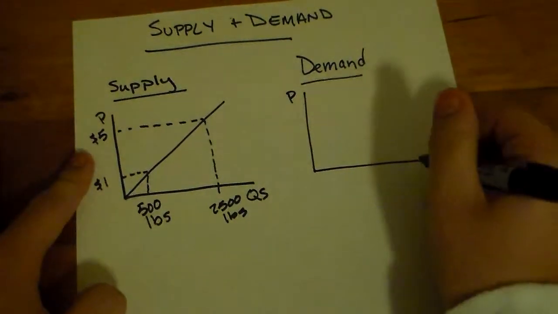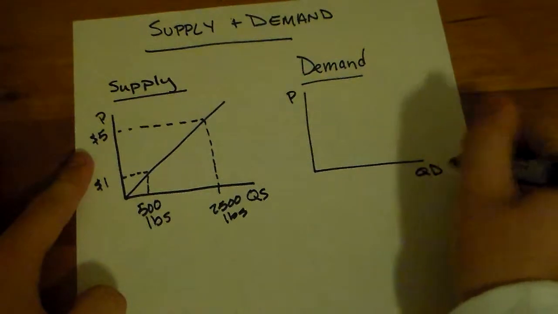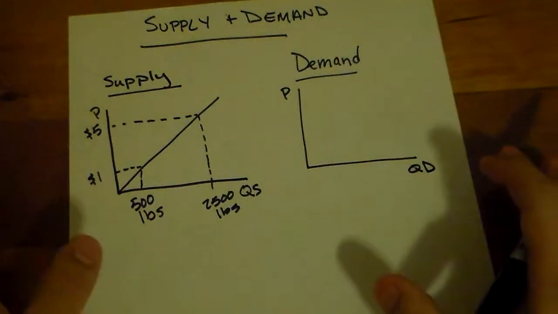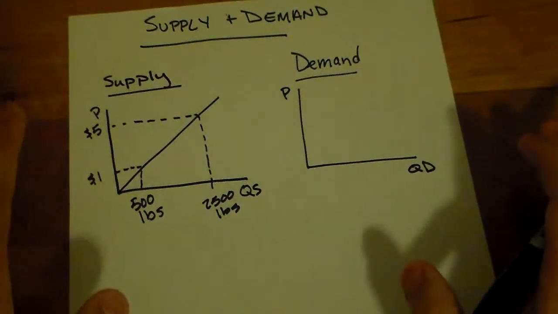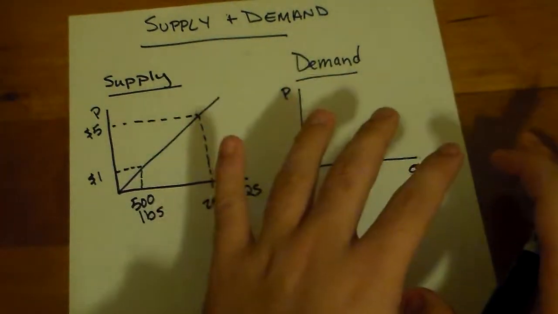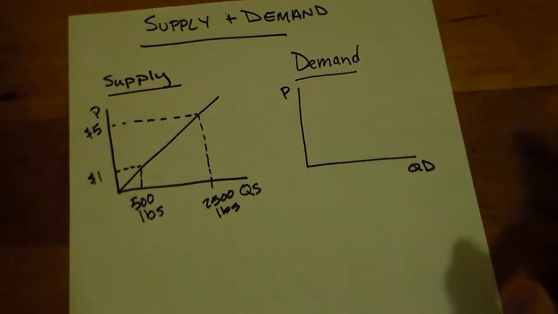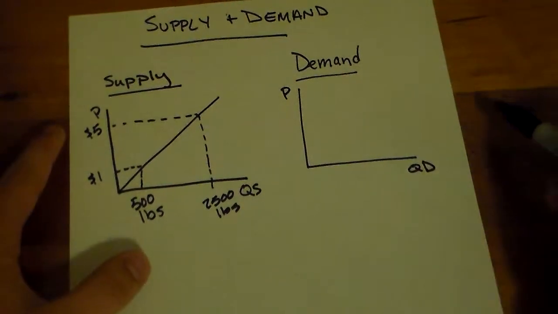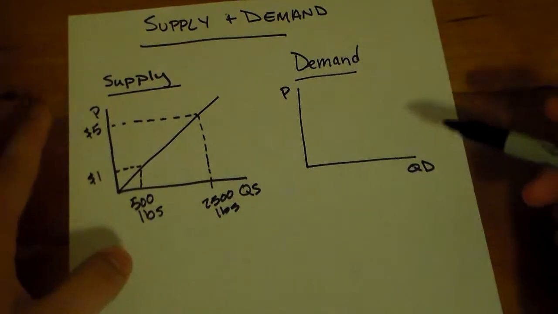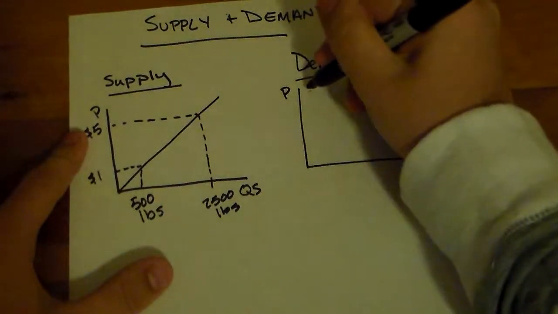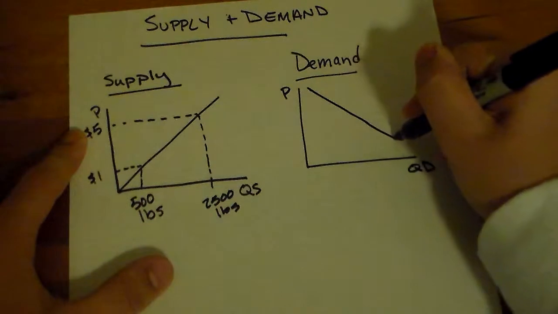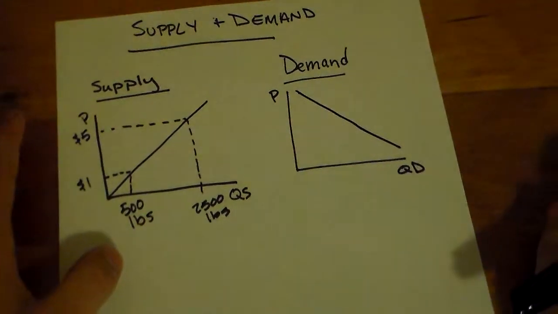You're going to see what's known as quantity demanded. Like I said earlier, the demand part is more of the consumer side. So the slope on a demand graph is negative, as you see there.